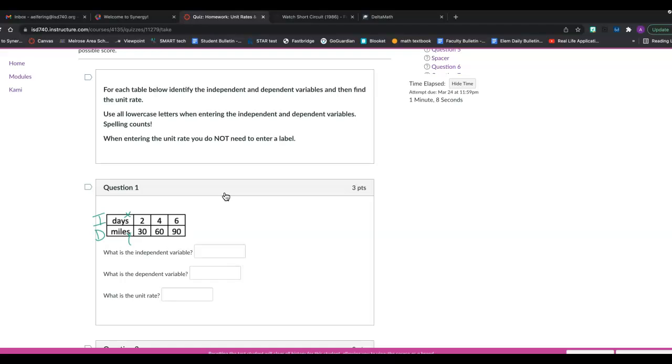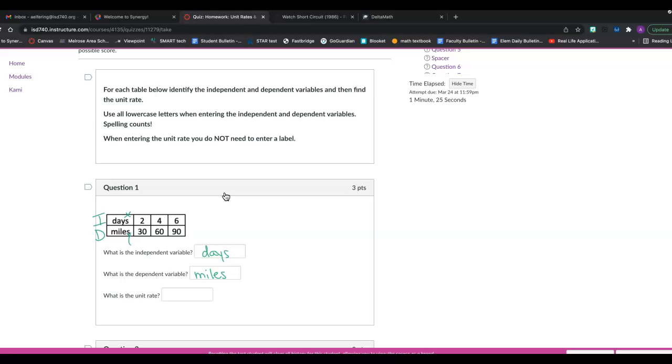So our independent variable, we're going to put days. Our dependent variable, you're going to put miles. That makes sense to everybody so far?